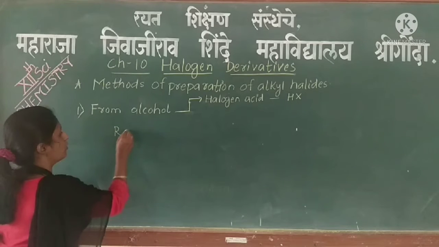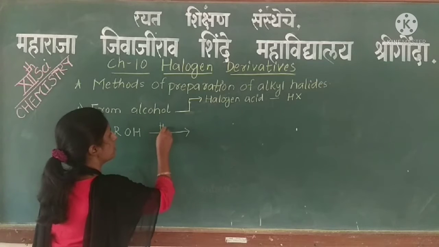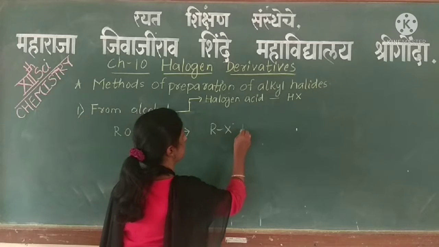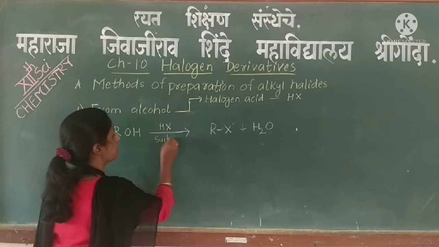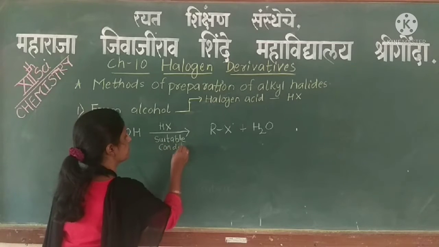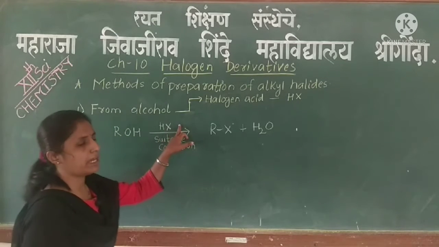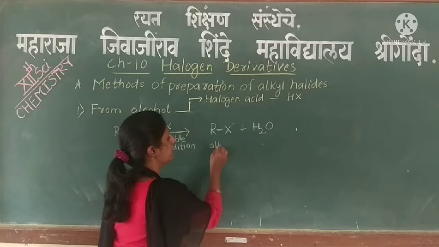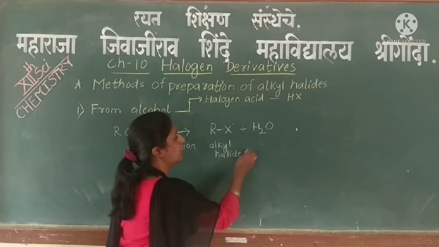Now, preparation of alkyl halide from alcohol using halogen acid. Alcohol reacts with halogen acid under suitable conditions to give you alkyl halide and water.